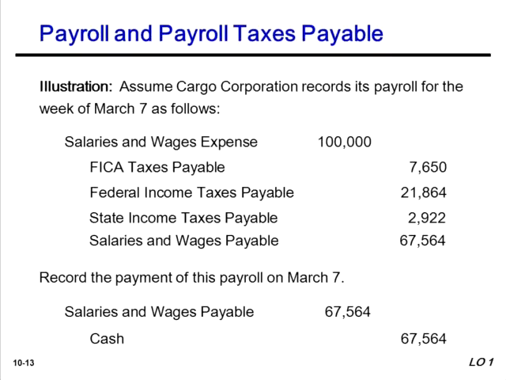So you start off with $100,000, and what goes to the employees is $67,564. Now when the payment of payroll is made, we debit salaries and wages payable and credit cash for $67,564.